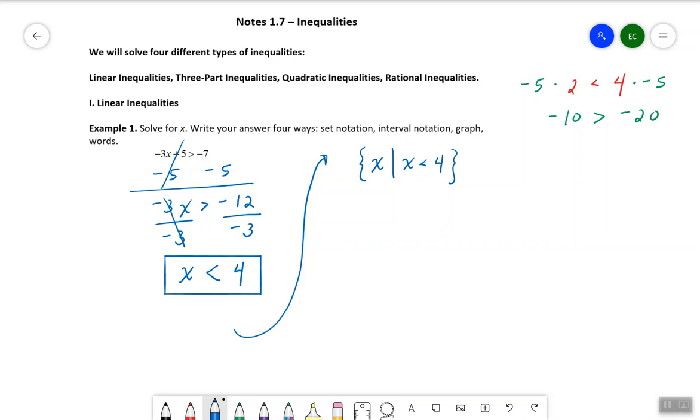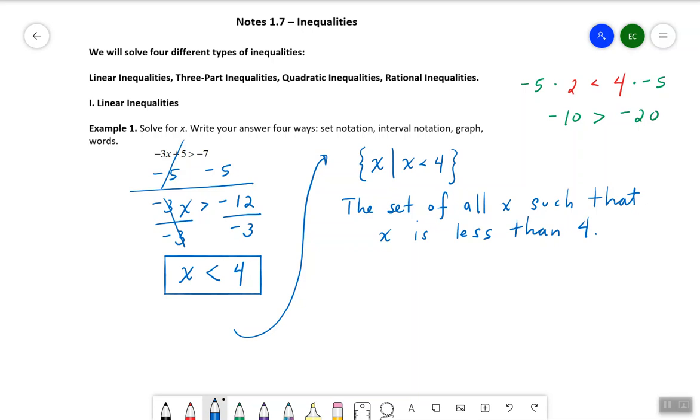So we might write this out in words: the set of all x such that x is less than 4. In this particular case, the words "such that" correspond to the vertical line in our set notation. Okay, so that would be another way to write our answer.